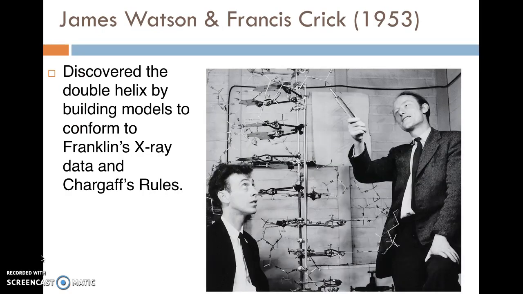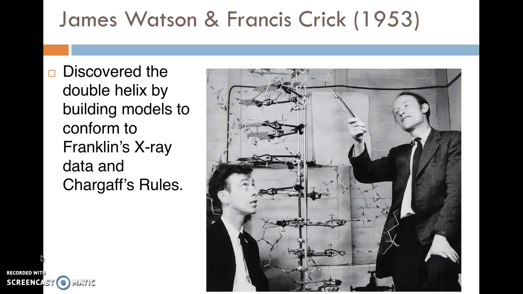James Watson and Francis Crick, the 2 men who received the Nobel Prize for the discovery of the DNA structure, put all the pieces together. Watson was visiting Wilkins in London and saw a picture of the X-ray crystallography, so he took that knowledge back and worked on different models.